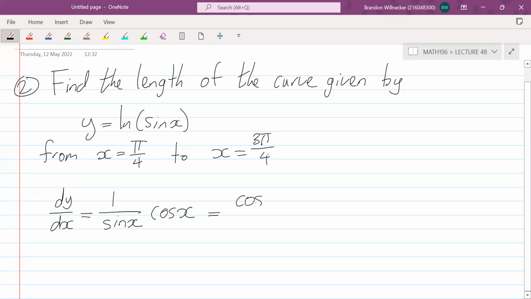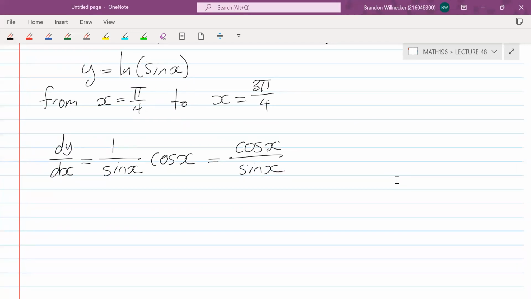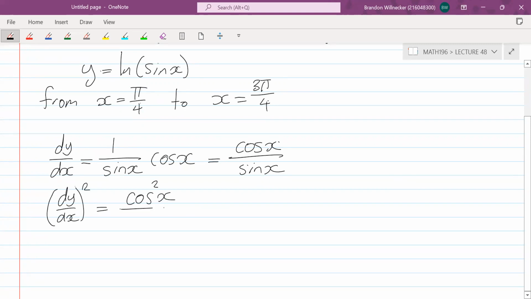Okay, so we end up with cos x over sine x, or 1 over tan, if you want to think about it like that. Now we need to square this. So dy by dx squared is going to be cos squared x over sine squared x. Okay, so we just square both sides.